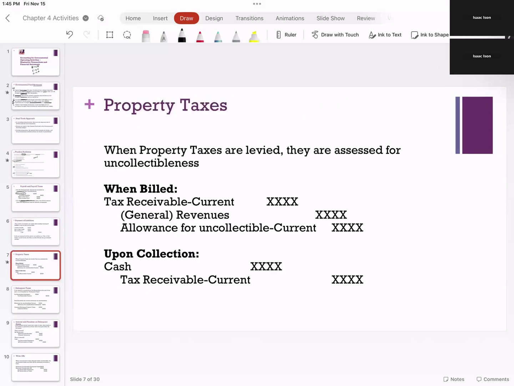Property taxes. So when we levy the taxes, we get to record our revenues. So we have tax receivable current, credit revenues, and then if there's any estimate for uncollectible accounts, we put that in as an allowance account. And then when we collect them, we increase our cash, reduce our receivable.